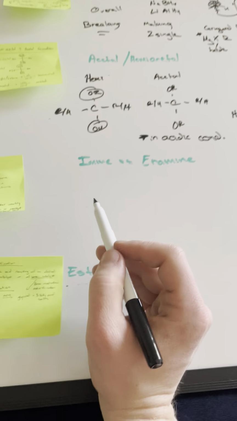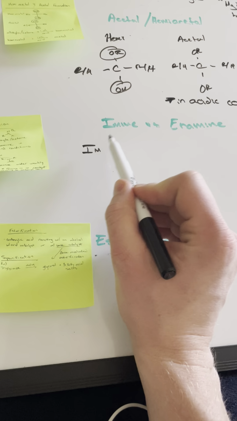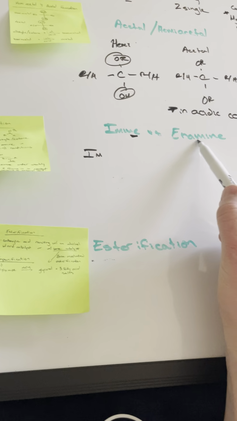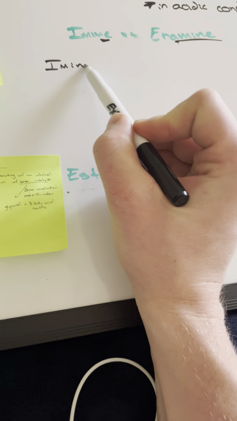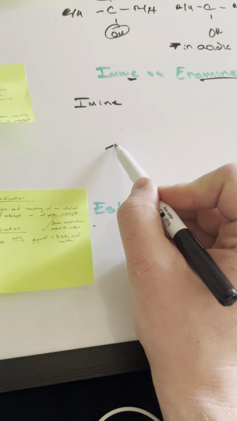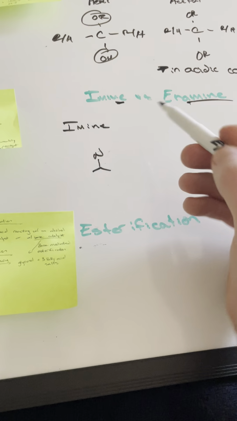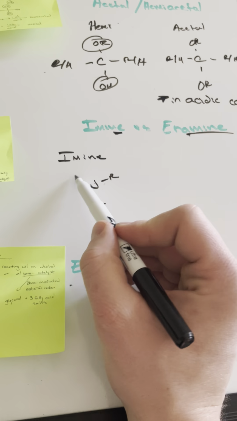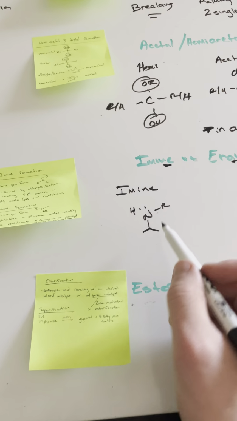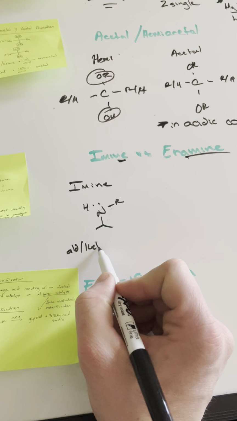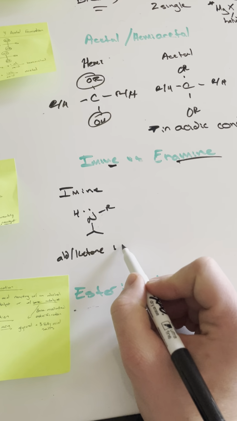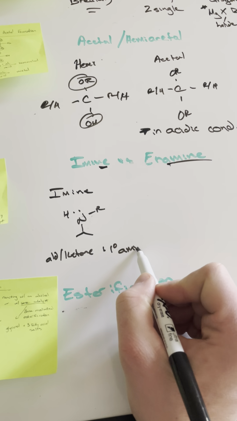Imine versus enamine. So the ene, like an amine, right? We're going to be dealing with nitrogen here. Your imine is going to be an N, R, H, and that's going to be your base of that, and it's going to be aldehyde or ketone plus primary amine.